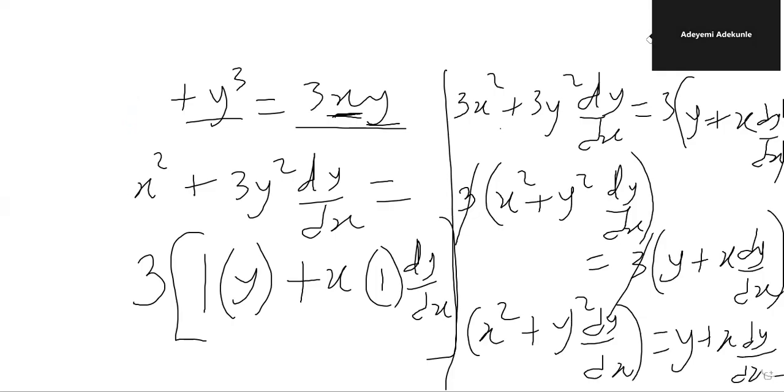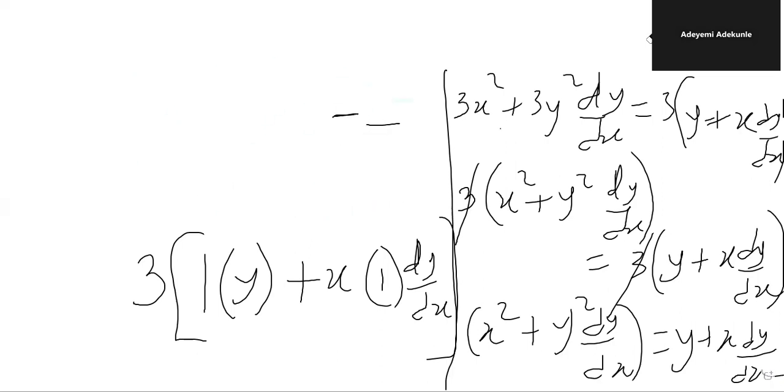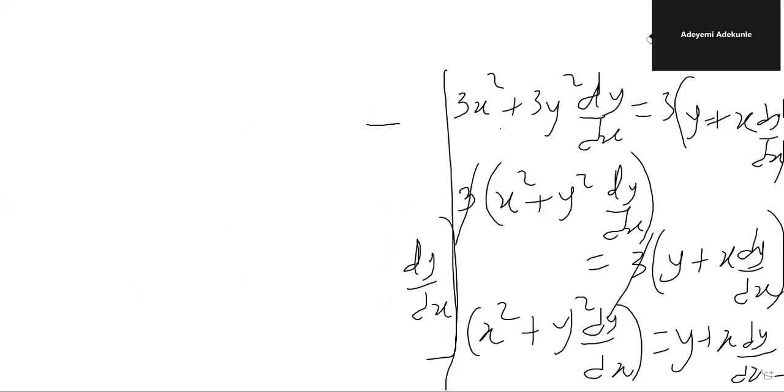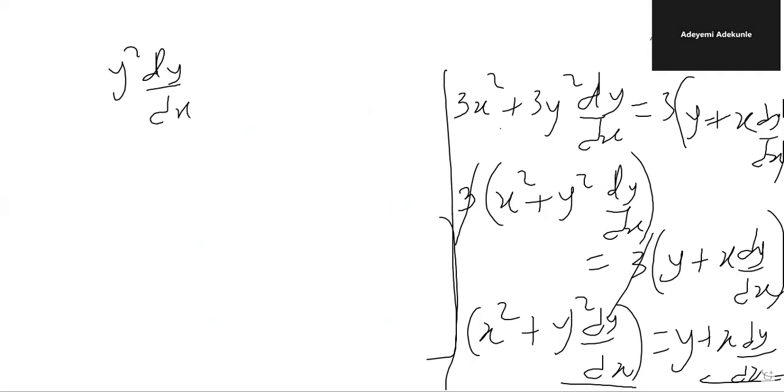So the next thing to do is just to collect the like terms. You bring the one with dy dx together. So from here now, you can see that dy dx is here, dy dx is here. So we can just say y squared dy dx, minus x dy dx equals y, then this x squared should go to the other side, minus x squared.